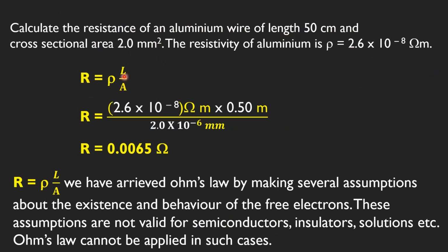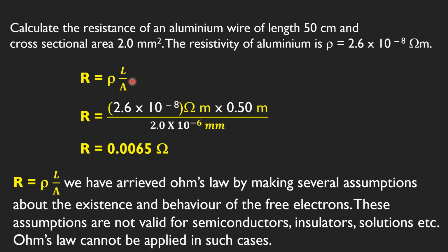R is proportional to L and inversely proportional to A. Therefore R is equal to rho L by A. So rho is a constant of a particular material, aluminum. So this data is given, and by substituting the known values we can have the resistance of the conductor, which is discussed here, that is 0.0065 ohm.